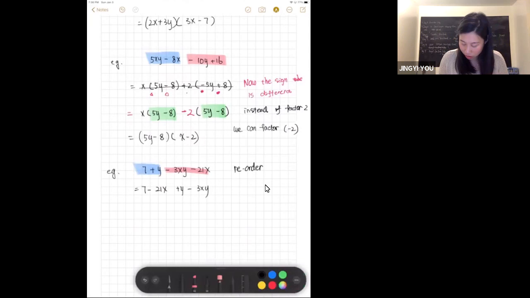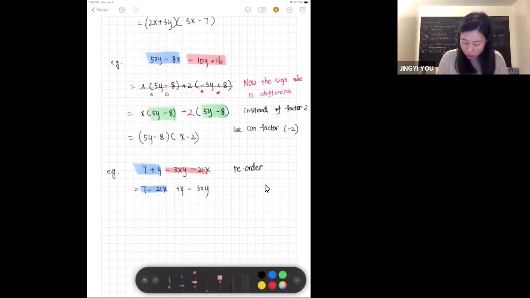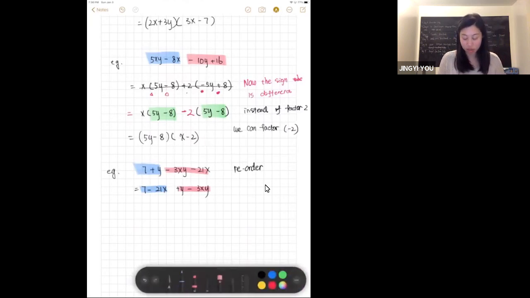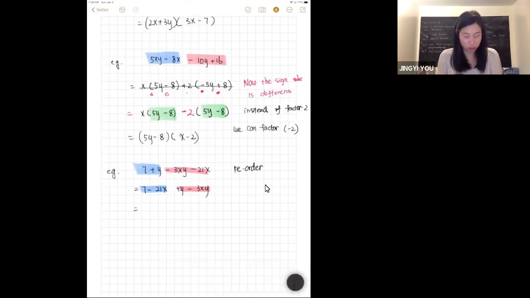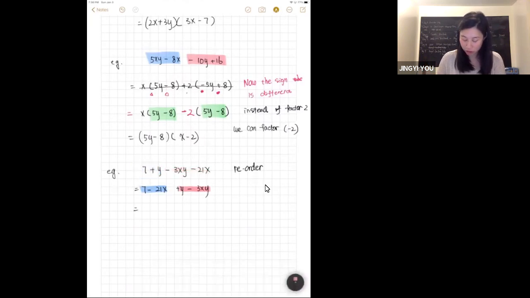Instead of regrouping 7 and y, I can try to regroup 7 and minus 21x, and then y and then negative 3xy. So now let's see if that works. If it doesn't work, we can try another way to regroup them. So we separate these two groups.